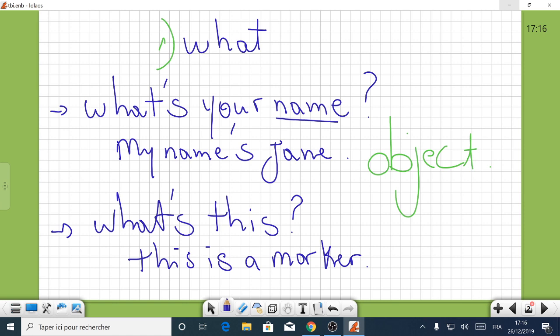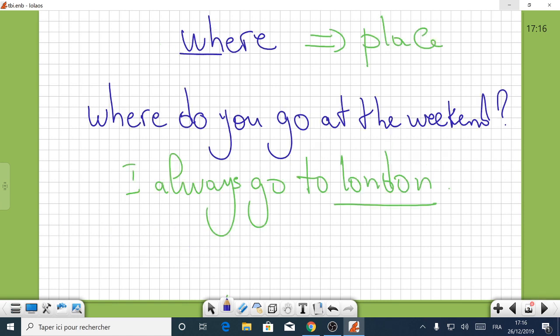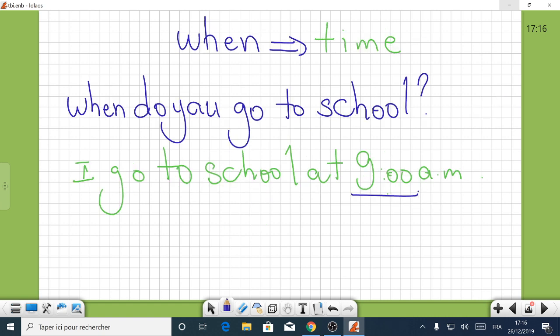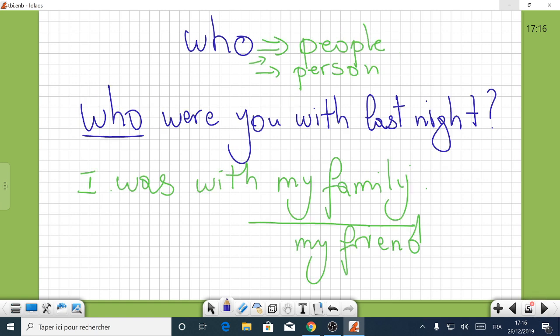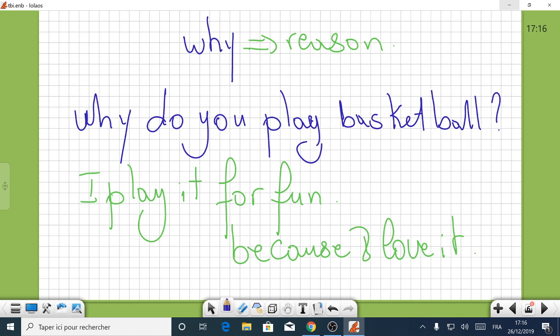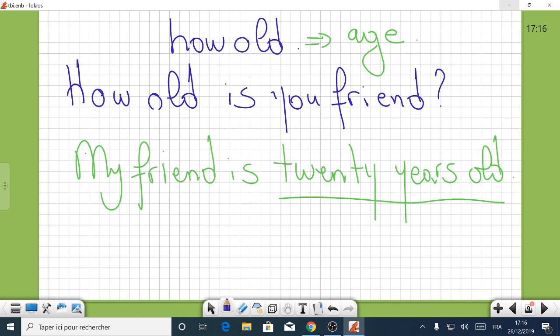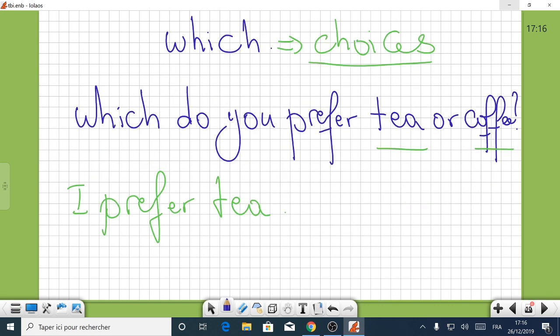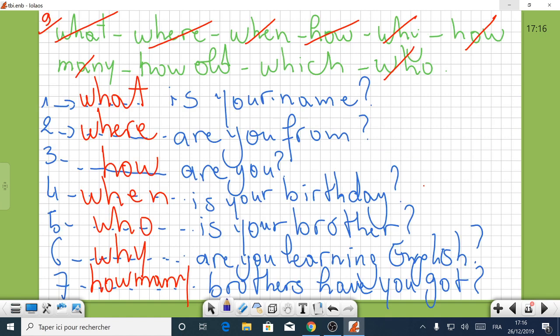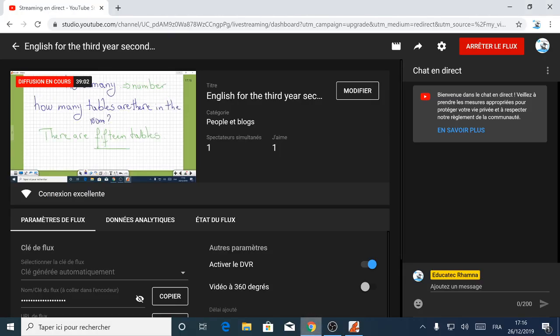The first one is what, to ask about object. The second is where, to ask about place. The third is when, to ask about time. The fourth is who, to ask about a person, and why, to ask about reason, and how, to ask about the way we do something, and how many, to ask about number, how old, to ask about age, and which, when we have choices. And here we have a little practice with the way we use all these question words together.